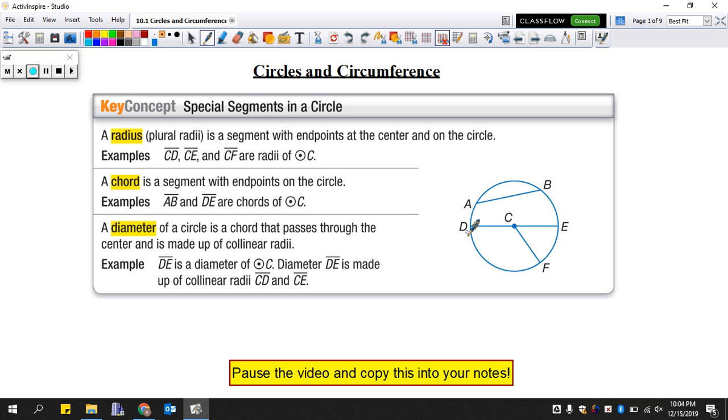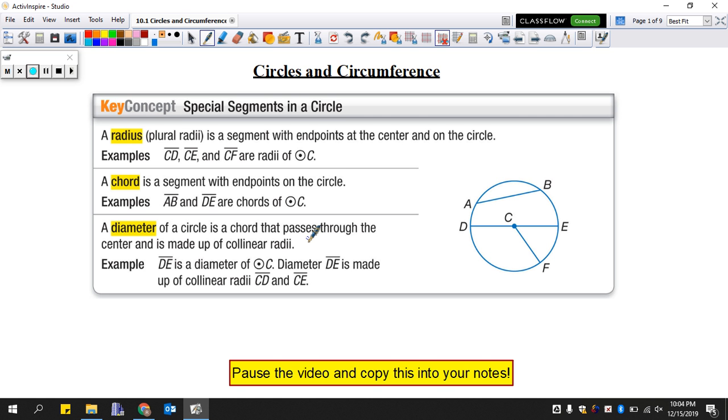A chord is a segment that just has endpoints on the circle. So it does not necessarily go through the middle of the circle. So AB is a chord, and DE is a chord because both AB and DE have both endpoints on the outside of the circle.